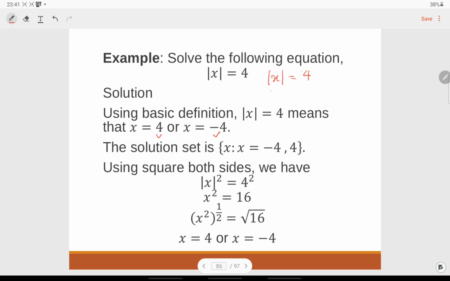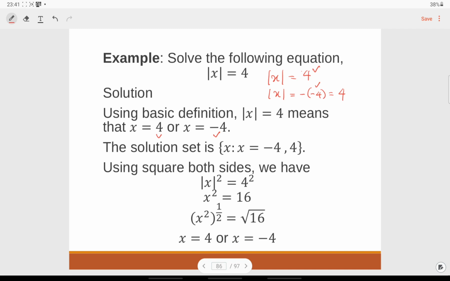For x equal to negative 4, the absolute value of x is again 4. So we have two possible values for x, which are 4 and negative 4, based on the definition of absolute value. So that is what we call the basic definition method.